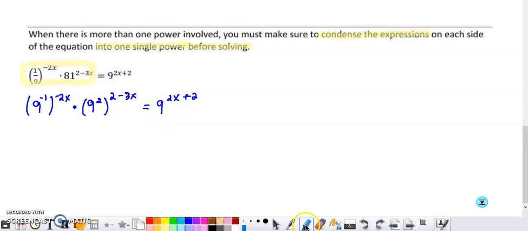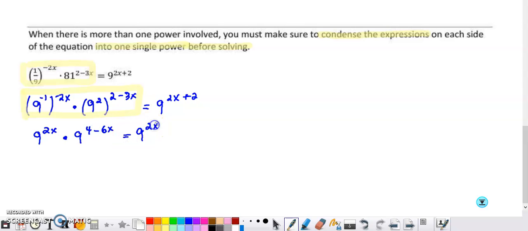Perfect. All right, before we can do any sort of solving, we still have to condense the left side. We got to put those 2 exponents, those 2 powers together by combining their exponents. All right, so let's go ahead and distribute the new exponent that we introduced. So this is now 9 to the positive 2x power times 9 to the 4 minus 6x power.